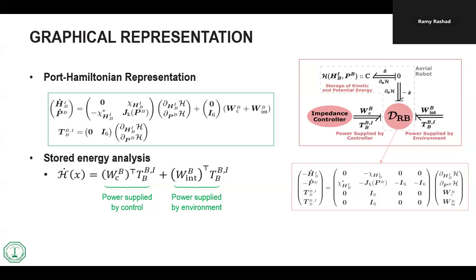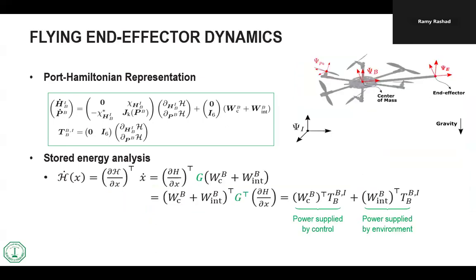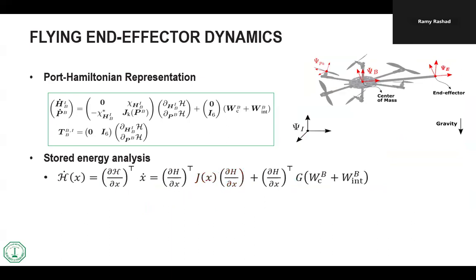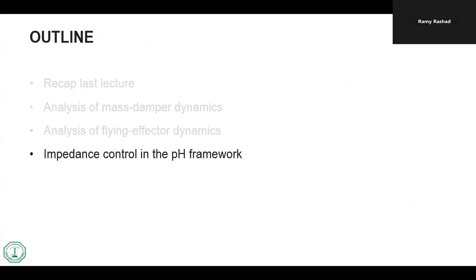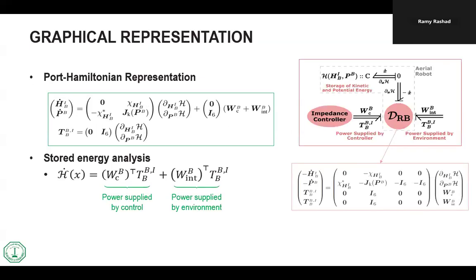If you go back to the previous slide, this H is kinetic energy plus potential energy. Why didn't it appear in the Dirac structure? Go back to the Dirac structure. Where is it? It's not there.